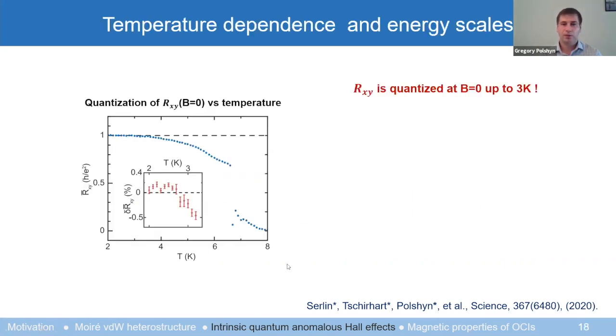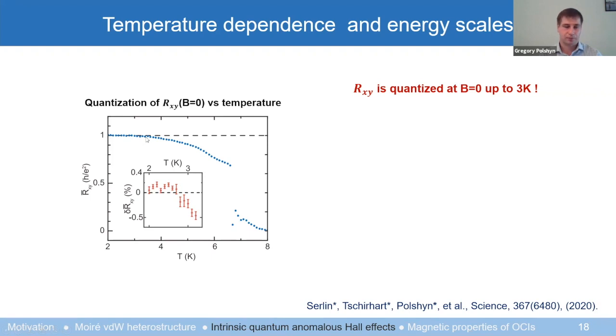So next, if we look at the temperature dependence of the quantum anomalous Hall effect, we can learn a couple of interesting things. Here you can see the Hall resistance, measured at zero magnetic field, as a function of temperature. One thing we can note is that the quantized response persists almost up to 3 Kelvin.